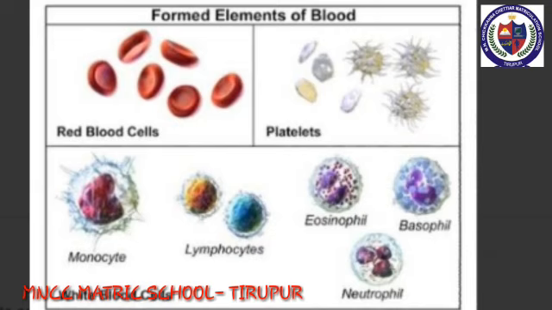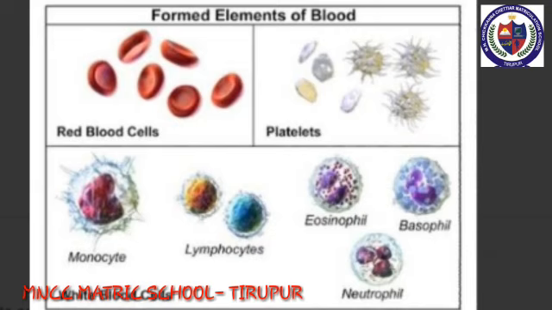Their number increases during conditions of allergy and parasitic infection. Basophils have a lobed nucleus. They form 0.5 to 1% of the total leukocytes. They release chemicals during the process of inflammation.